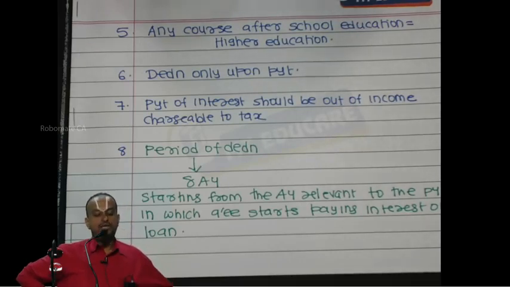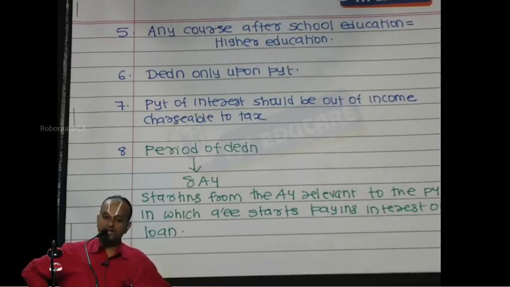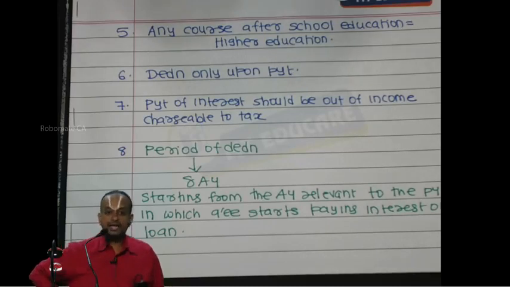Interest on loan taken for higher education, of the assessee, or his spouse, or his children, or any student of whom he is the legal guardian. It doesn't cover principal repayment. Deduction is only upon payment. Payment of interest should be out of income chargeable to tax. Higher education means any course after you complete the school education.